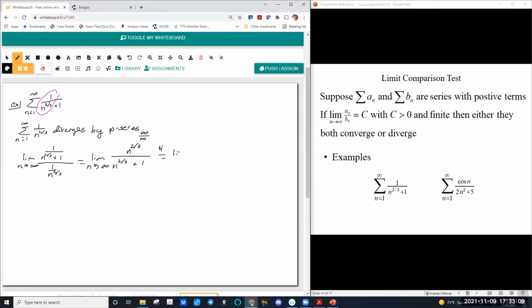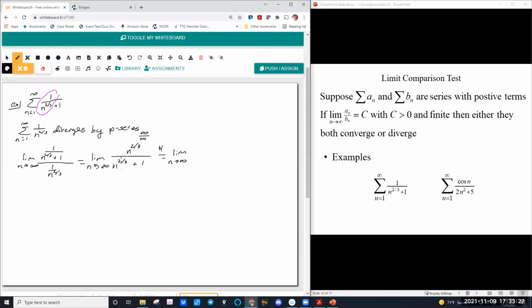So what L'Hopital's says is if we have an indeterminate form, infinity over infinity or 0 over 0, we can take the derivative of the numerator and denominator separately and then recalculate the limit.